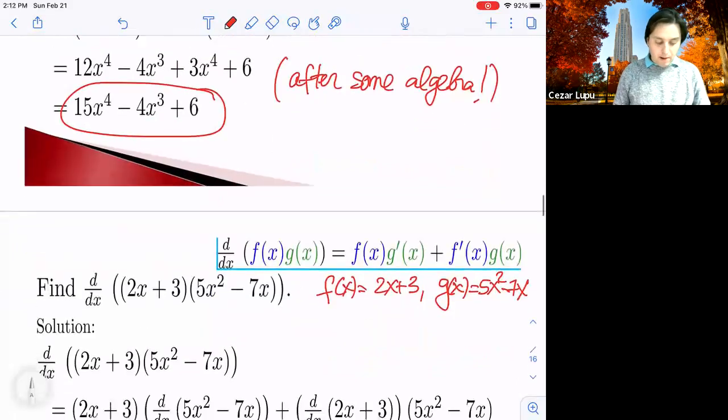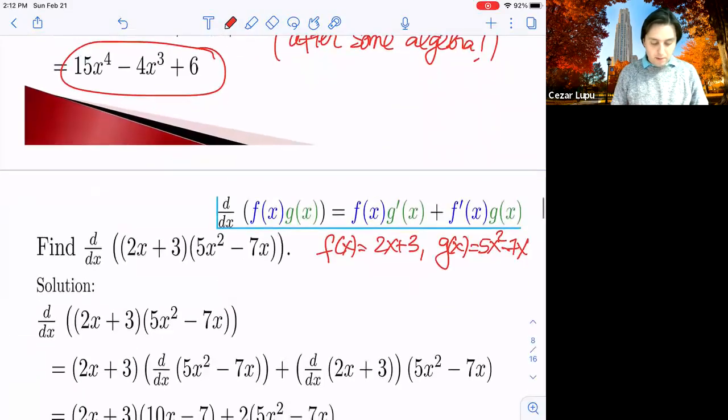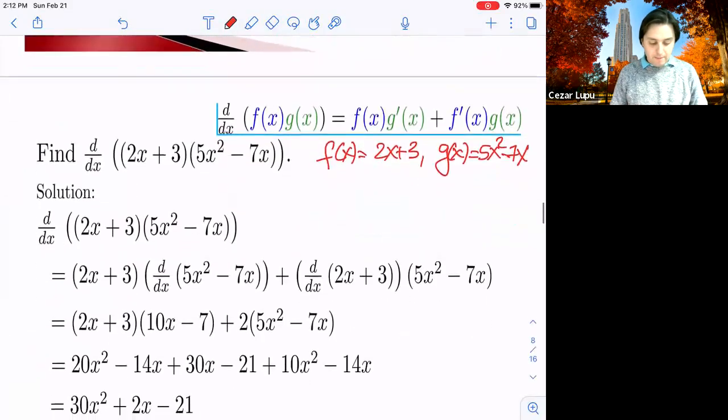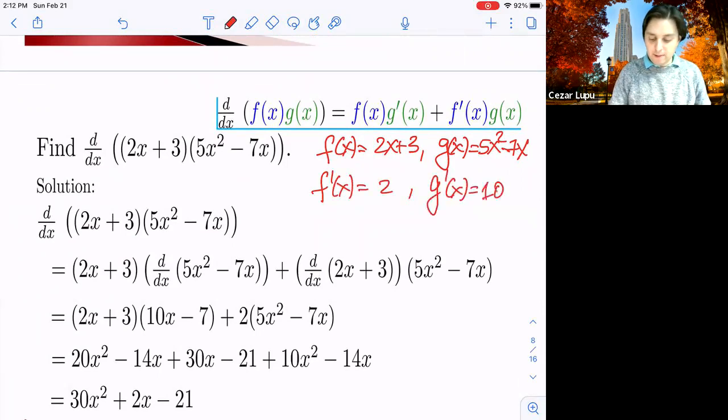Okay. And now let's see, what do we get? Oops, sorry about that. So let's see. You see, I have it here. So f prime, let's write it here. F prime will be 2, and g prime of x, let's do it quickly. It will be 10x minus 7. Okay.